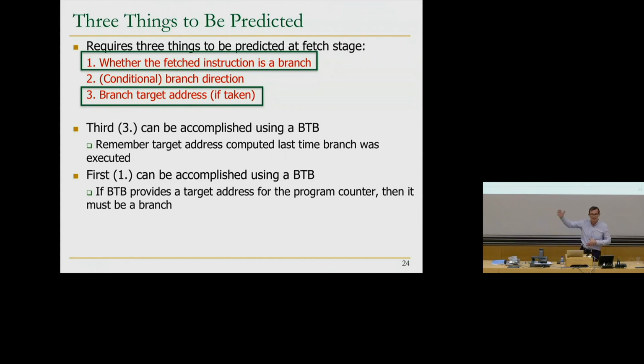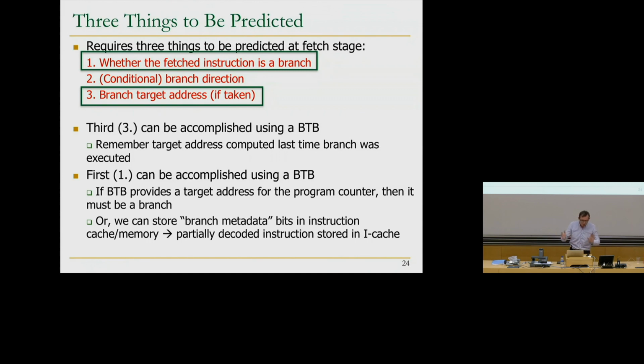You record only when you finish a branch. So the branch target buffer is very useful because it gives you the branch target address, and if you get a branch target address, you implicitly know that this must be a branch. Because in the previous execution, this program counter was associated with a target address. Or you can do other things, but I'm not going to talk about it. The paper that you read actually talks about that a little bit. So you can do other stuff. But BTB is a very good way of doing this.